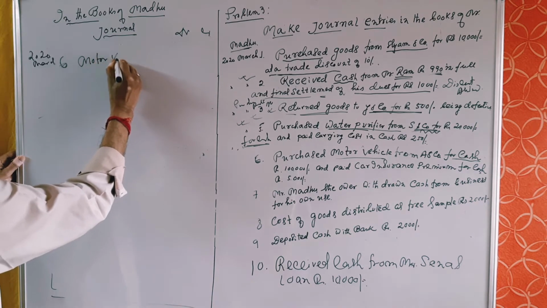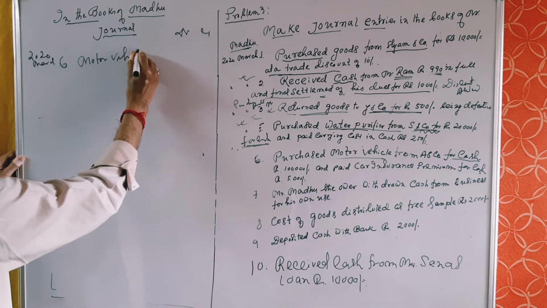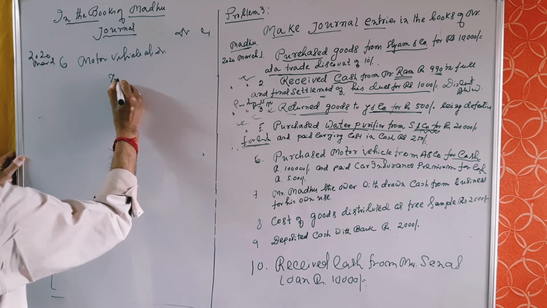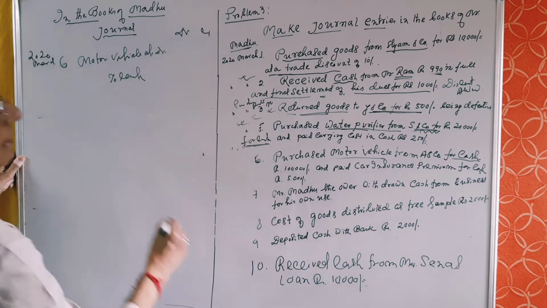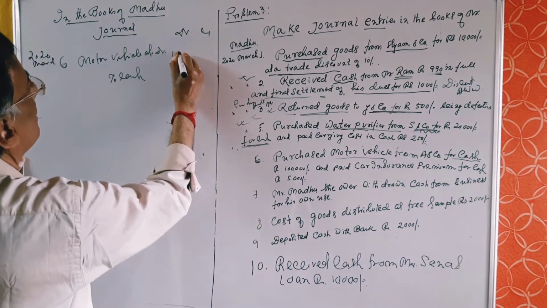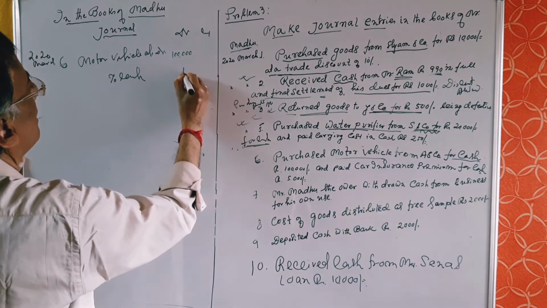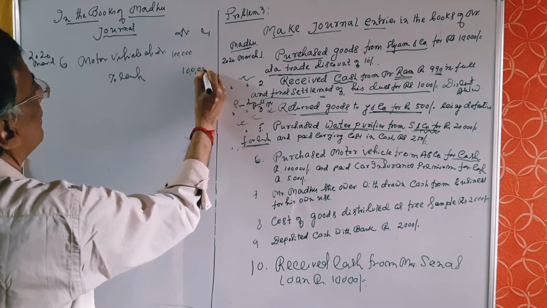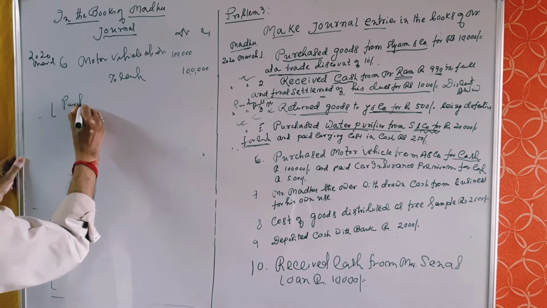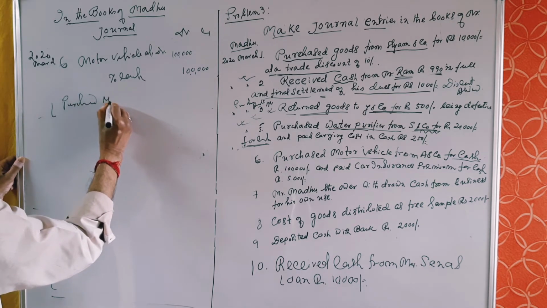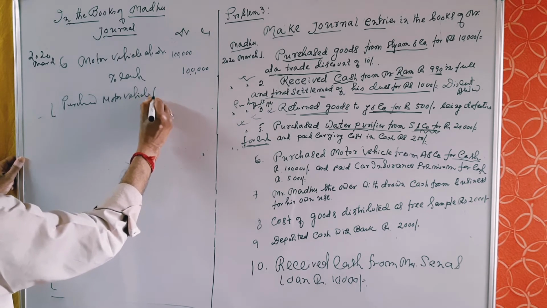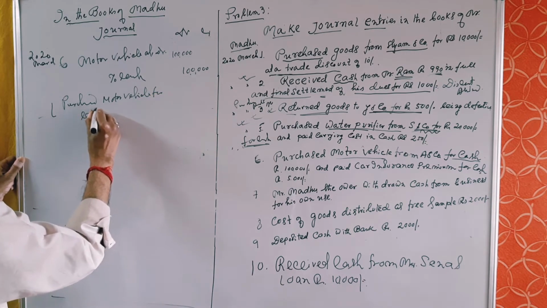Motor vehicle account debit to cash. How much? 1 lakh. Debit 1 lakh, cash credit 1 lakh. What is the narration? Purchased motor vehicle for cash.